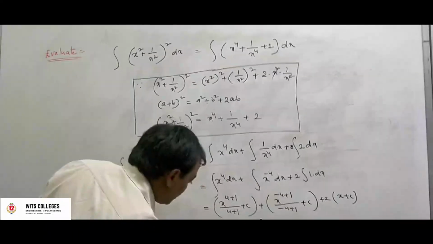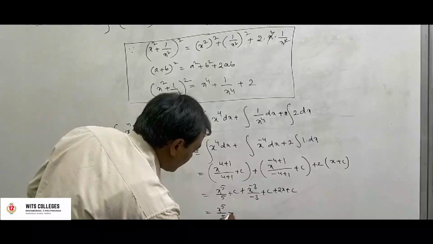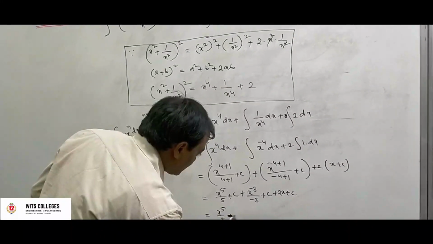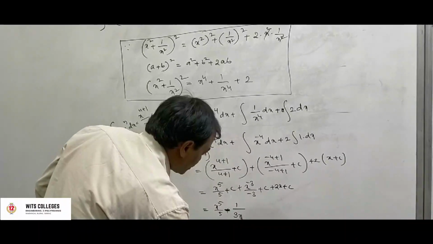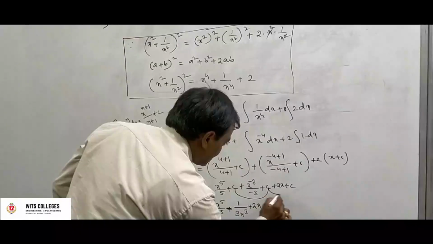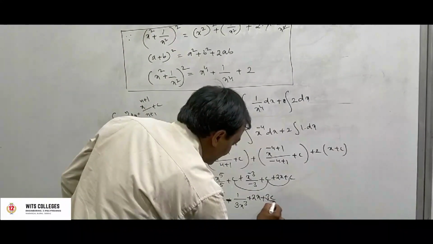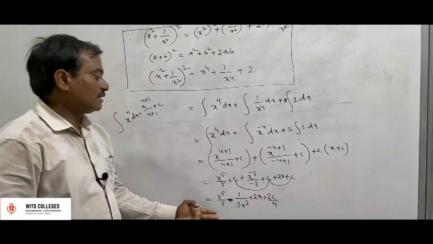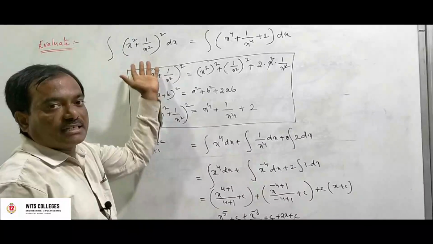Finally, x to the power of 5 by 5 minus 1 by 3x cube plus 2x plus 3c, which can be written as c1. So this is the integral value of the given indefinite integral.